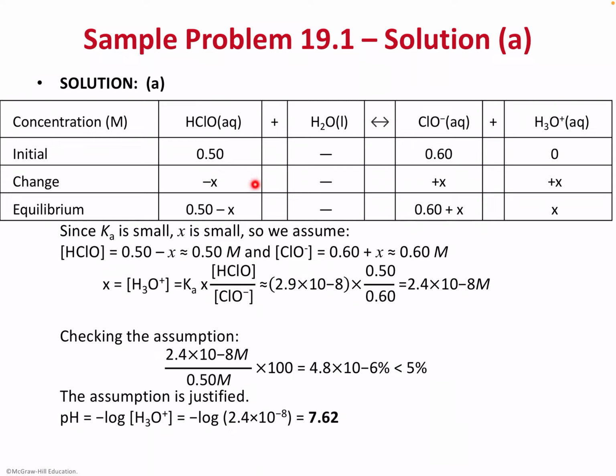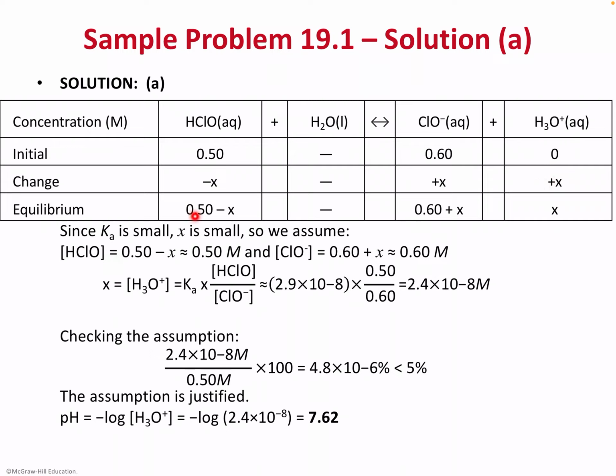As the reaction proceeds towards the product side, X amount is going to react. Water, don't worry about that. And then X amount of hypochlorite will be formed, and X amount of hydronium ion also will be formed. That's the change.